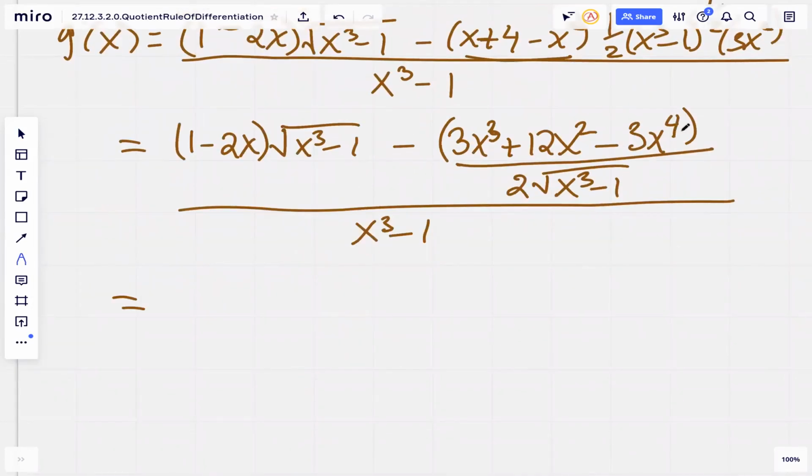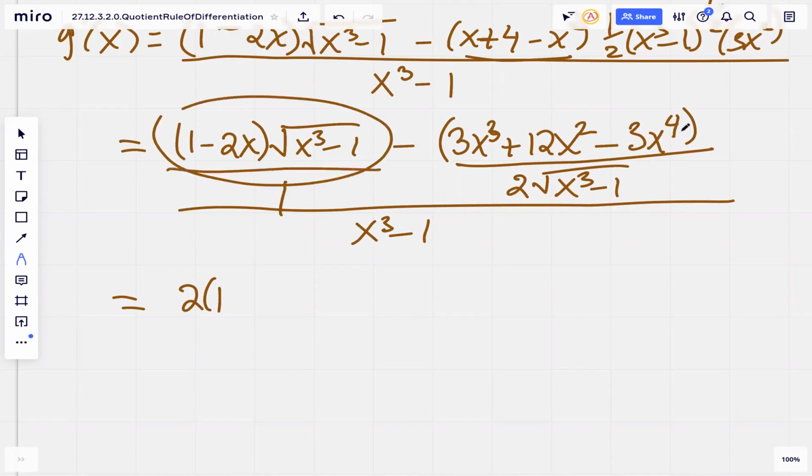Okay, we can kind of see what's going on here. We need to put everything over a common denominator, at least in the numerator. So why don't we do that? We're going to multiply this first term, which is actually a fraction over 1, by the denominator in the second term, and this is all in the numerator. So 2 times 1 minus 2x times x cubed minus 1, because the square root of x cubed minus 1 times the square root of x cubed minus 1 is just x cubed minus 1.